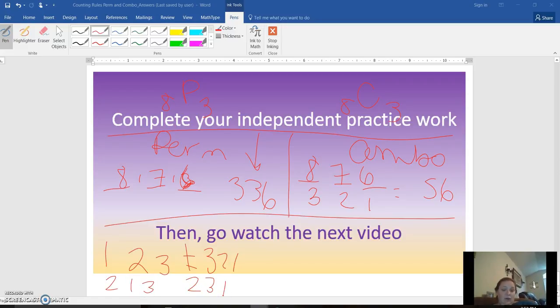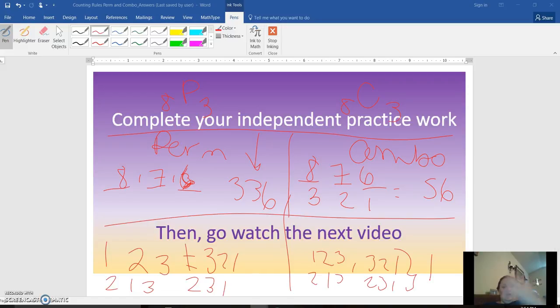For combination, 1, 2, 3, 3, 2, 1, 2, 1, 3, 2, 3, 1, all of that is only one way because it's the exact same numbers. So permutation is going to have more because the order of the numbers matters, and combination is going to have less because you're not going to double count these. You've already used the numbers 1, 2, 3.